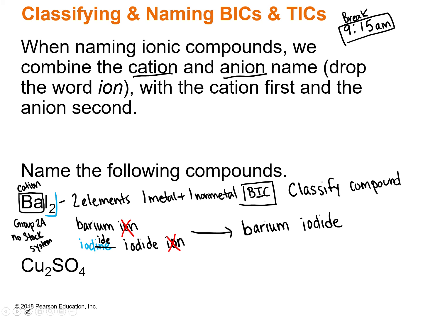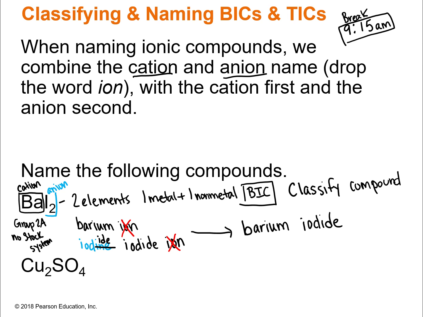The second thing we have to do is name the anion. That would be the I2 portion. And it doesn't matter how many atoms there are. We know that it's only 1 element, so it is a monoatomic anion.